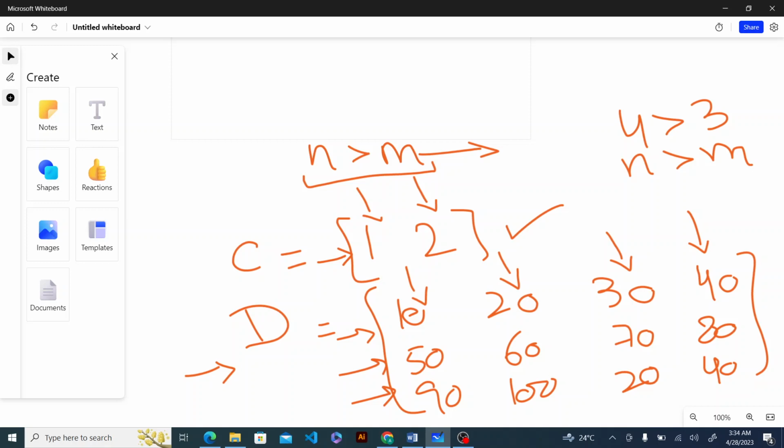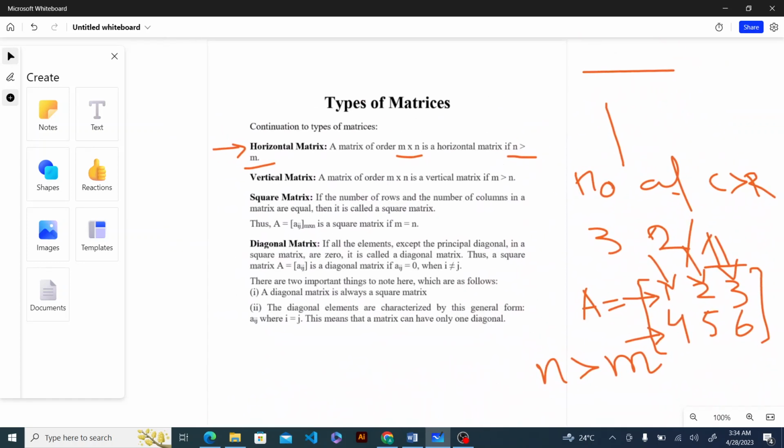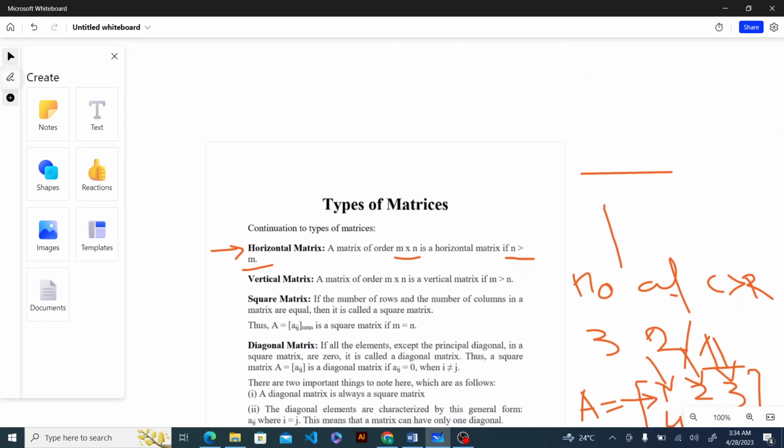Now let's move to the next type. The next type of matrix is a vertical matrix. This says a matrix of order m into n is a vertical matrix if m is greater than n. It is the opposite of a horizontal matrix, obviously, because it has to make a vertical line rather than horizontal.